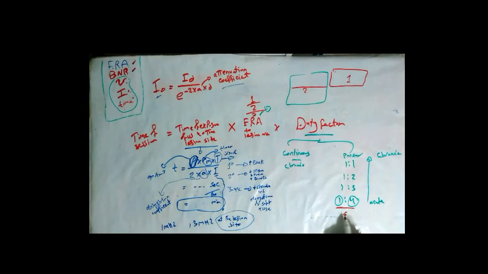Then I will put 5 in the duty factor part. Then I'll multiply all these numbers, and the result will be 10 minutes. 10 minutes is the whole session time, which will include only 2 minutes, which is the time of exposure of ultrasound to the lesion site, and only 8 minutes, which is time off to avoid the thermal effect of ultrasound.